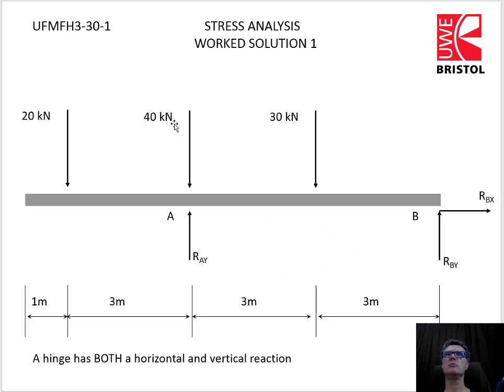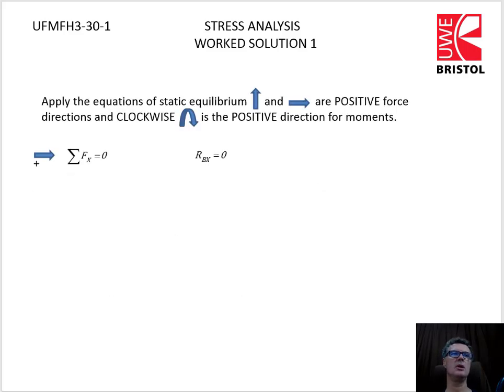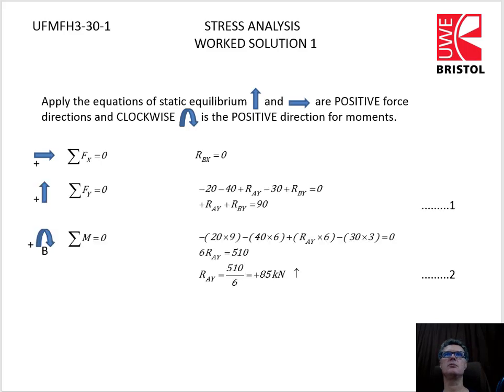It's going in a clockwise sense, so it's a positive moment. So we're going to have 6 times RAY. Then we'll have 6 times 40, and that will be going in a negative direction, anti-clockwise. And another one here, which should be going anti-clockwise. So that's what we should be looking for in the next bit of the solution.